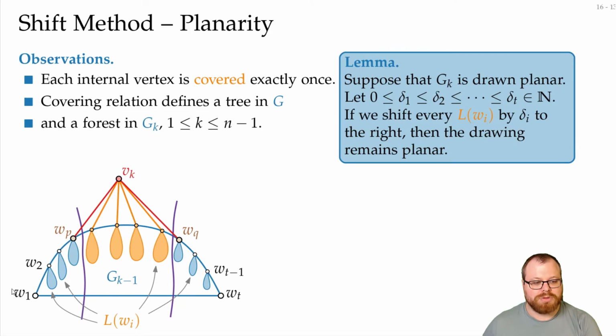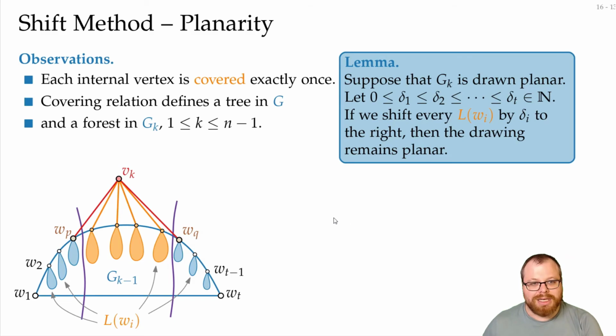So we shift this one by 0, for example, then w2 and its set by 1, then this and its set by 1, this and its set by 2, vk and all of these by 3, this here by 4, this by 4, this by 4, this by 4, for example, then it's planar. In our inductive step, we will only do this for 0s, 1s, and 2s, but we need the general form for the inductive proof.